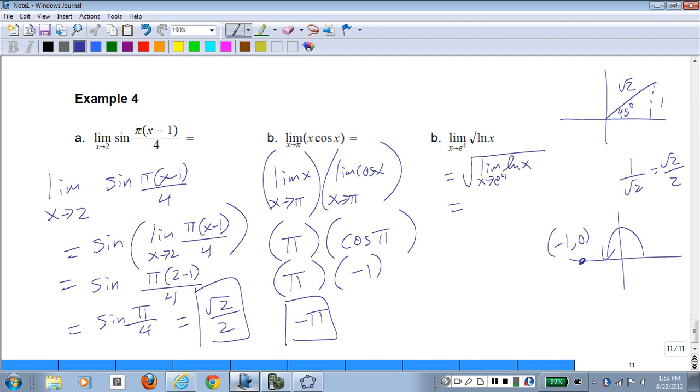So I'm simply going to evaluate the natural log at e to the 4th power. The natural log of e to the 4th power is the power that e can be raised to get e to the 4th power as the answer, which is 4. And the square root of 4 is 2.